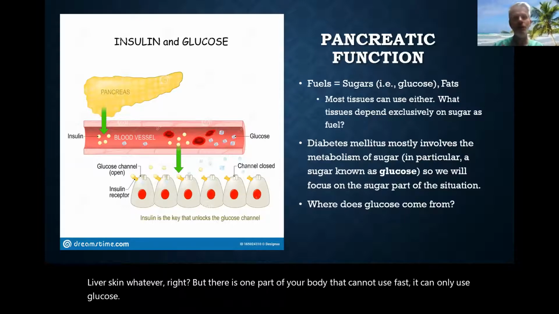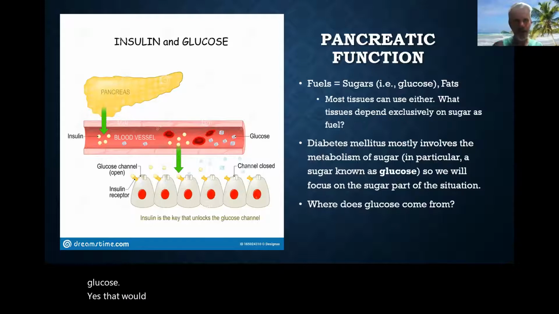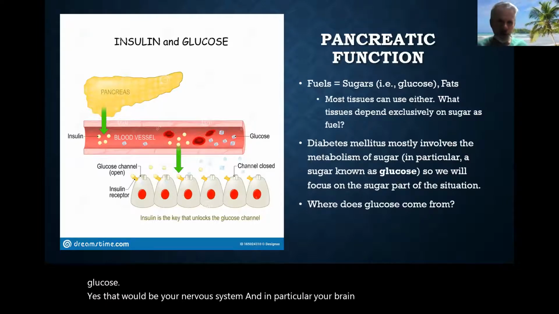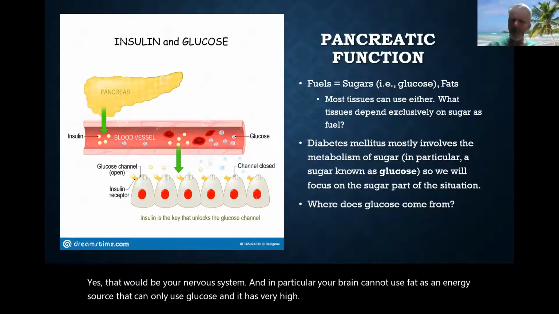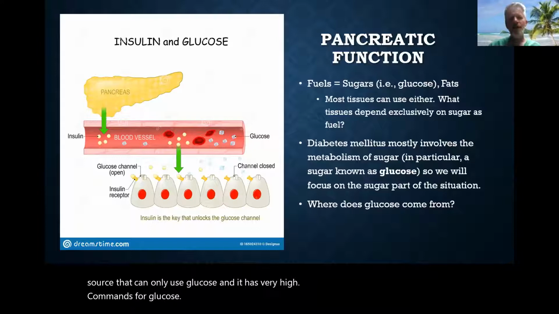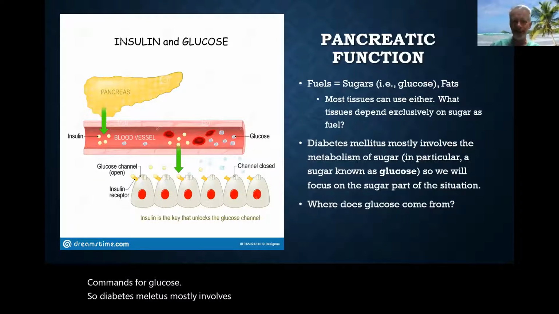Yes, that would be your nervous system, and in particular, your brain. It cannot use fat as an energy source. It can only use glucose, and it has very high demands for glucose. So diabetes mellitus mostly involves a problem with the metabolism of glucose, and we'll focus on glucose, therefore.